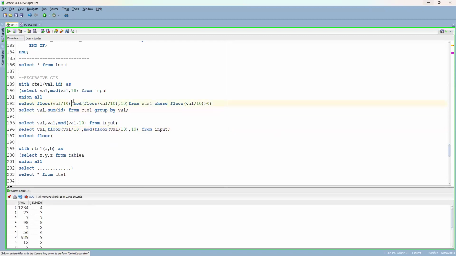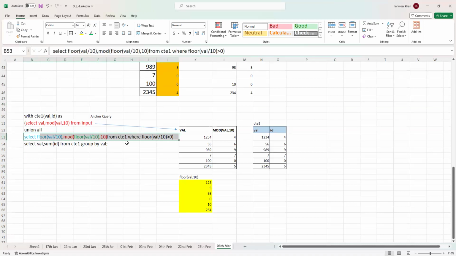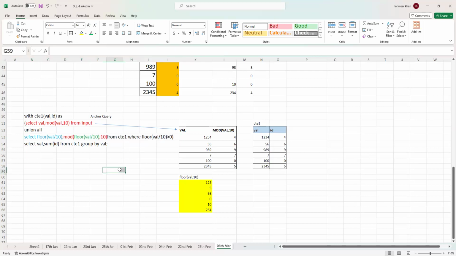Okay. Now in this case, what will happen? Let's try to understand how this query will be executed, because at the same time I'm explaining the concept of recursive CTE as well. In any SQL query, which keyword is executed first? From.